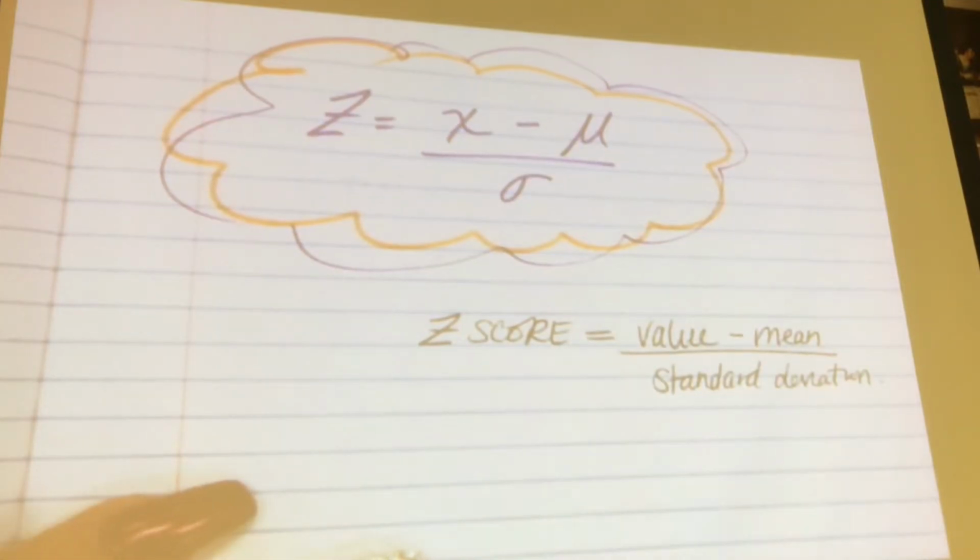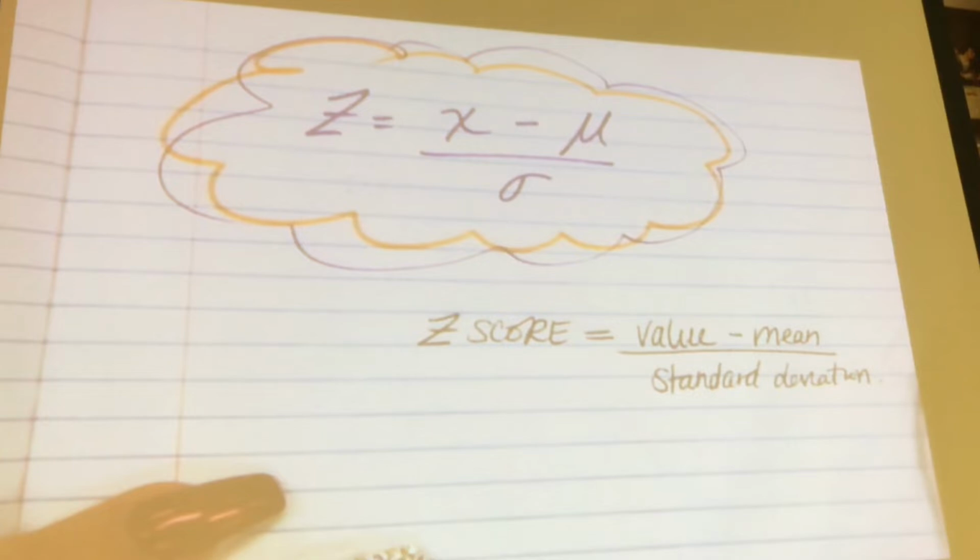So if my z-score is -3, that's so much easier to say than I am 3 standard deviations below the mean. It means the same thing. So we assign scores instead of describing how far they are from the mean. We give them a score.